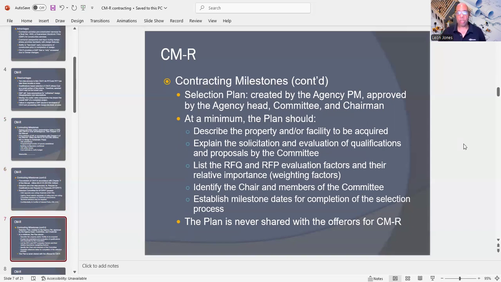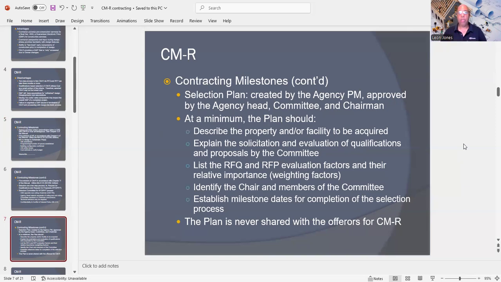Also, under the selection plan that's going to be created by the agency project manager, approved by the agency head, committee, and chairman. So basically, at the minimum, the plan should describe the property and or facility to be acquired. It's also going to explain the solicitation and evaluation of qualifications and proposals by the committee.